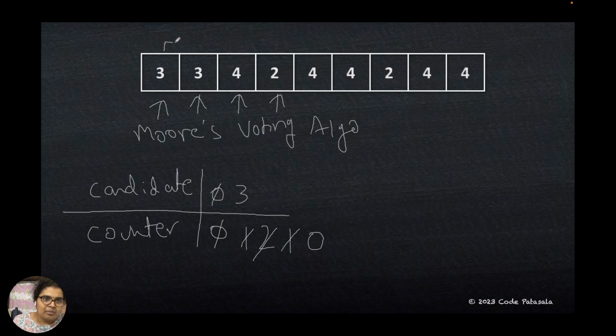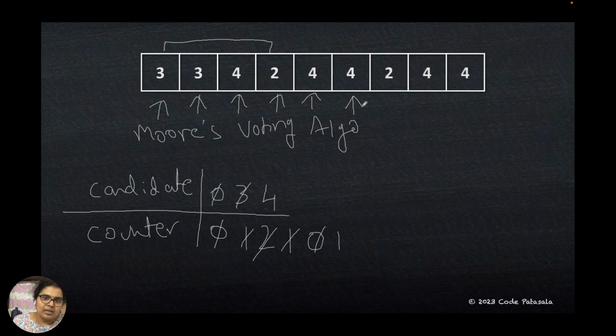That means the majority element 3 has been cancelled out. So in this part of the array, we didn't find any majority element, it just cancelled out. Now again we will start here. Here again counter is 0, so we will assume that 4 can be a candidate and we increment the counter to 1.